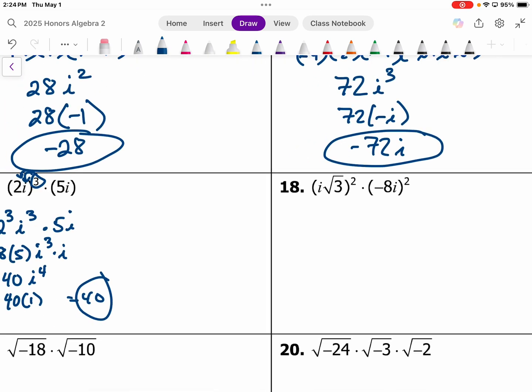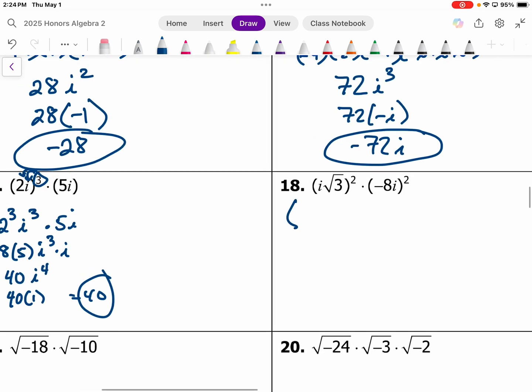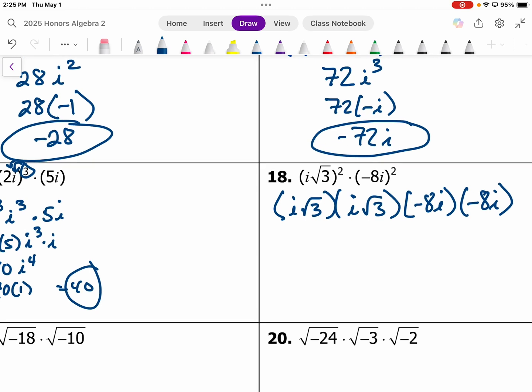So on number 18, I would kind of break this down as i square root of 3, i square root of 3, negative 8i, negative 8i. That would be i squared square root of 9. And that would be 64i squared.